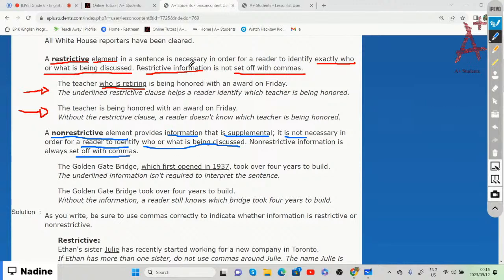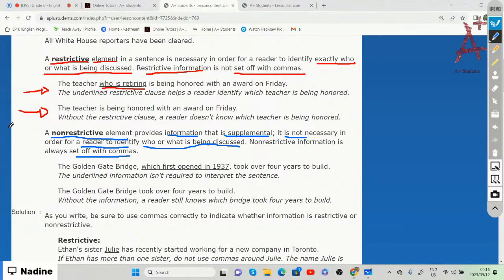And if we compare both restrictive elements as well as non-restrictive elements, restrictive elements are necessary in order for the reader to identify who or what is exactly being discussed.